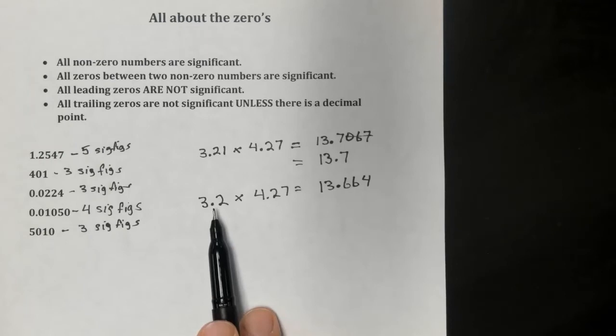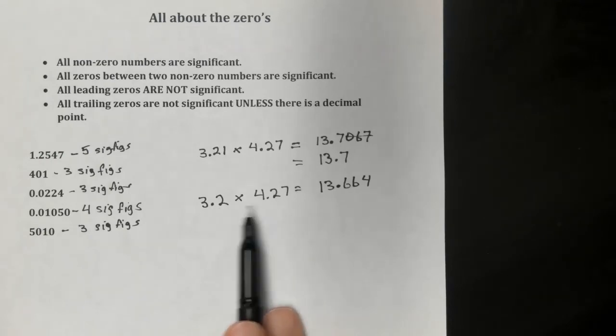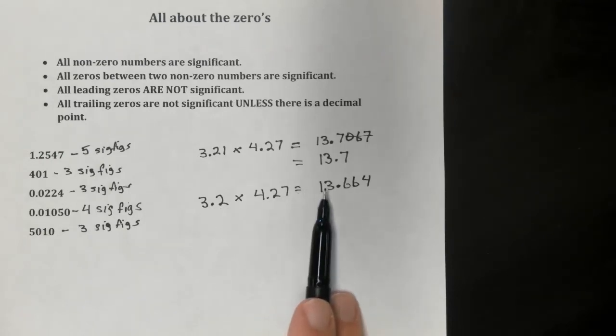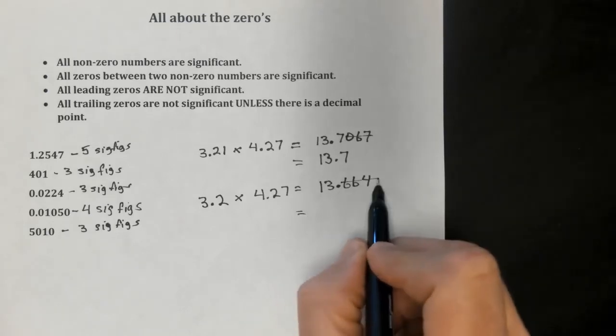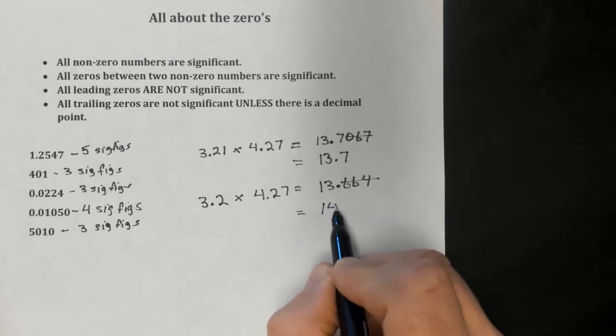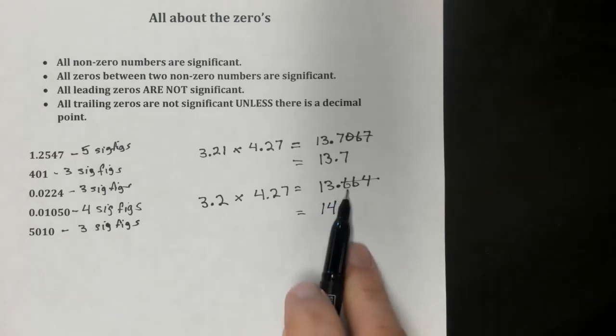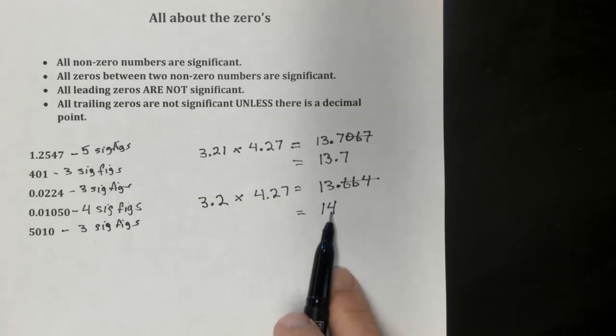We have 3 over here, but only 2 here. So this value can only have 2 significant figures. We're only sure of two values here. So these are dropped off, and this is rounded to 14. The 6 is greater than 4, and so the 13 is rounded up to 14.